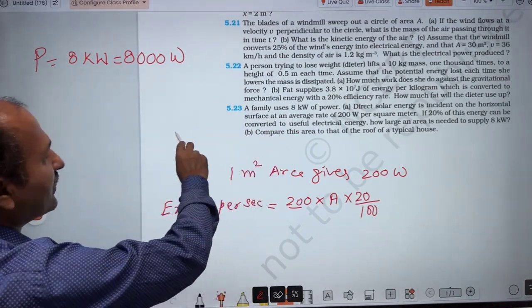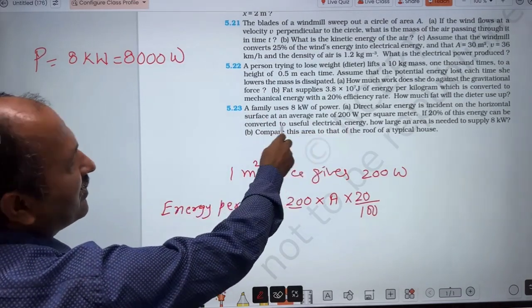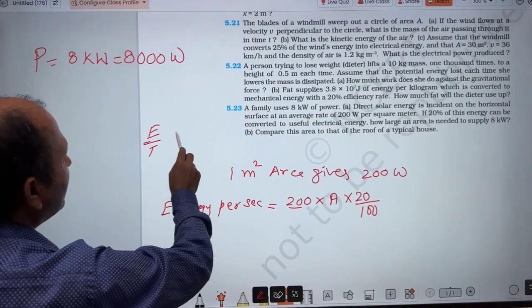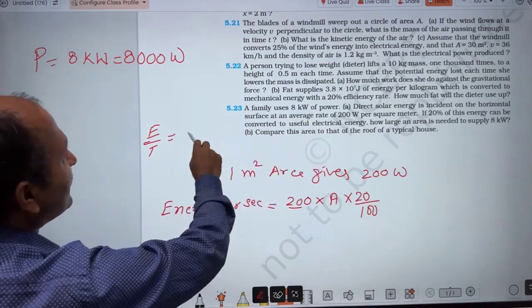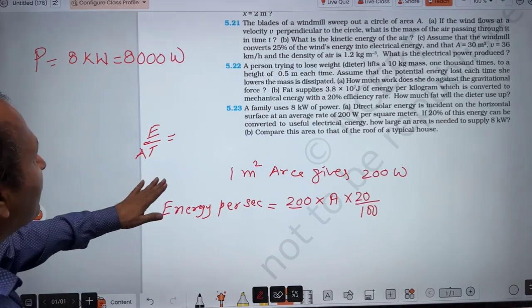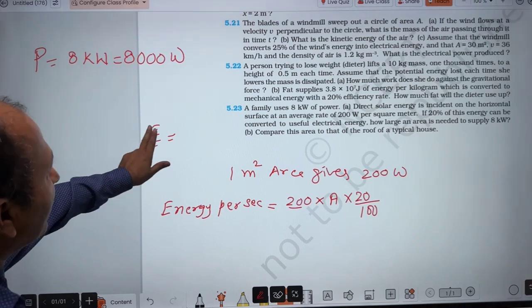If you analyze this, here watt per square meter is given. It means energy upon time is given in terms of watt per meter square. So energy upon time will become power.